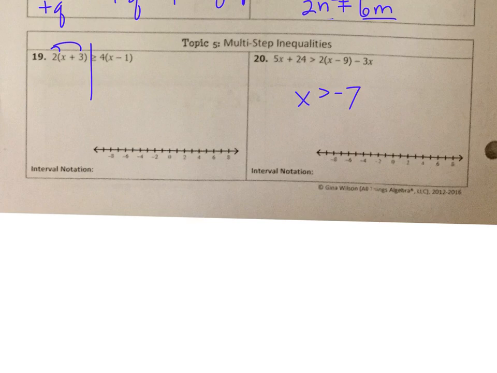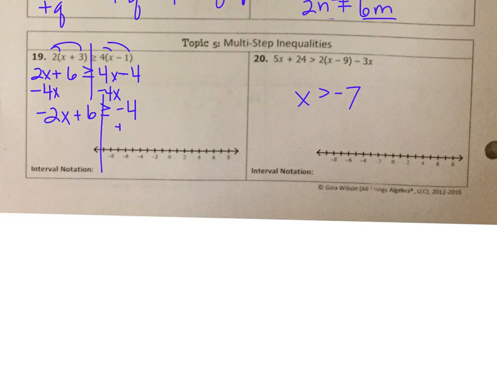All right, we're going to work out number 19 and then graph it. First, I have to distribute on both sides. 2x plus 6 greater than or equal to 4x minus 4. I'm going to bring my x's over together. Negative 2x plus 6 greater than or equal to negative 4. Now I'm going to subtract 6.